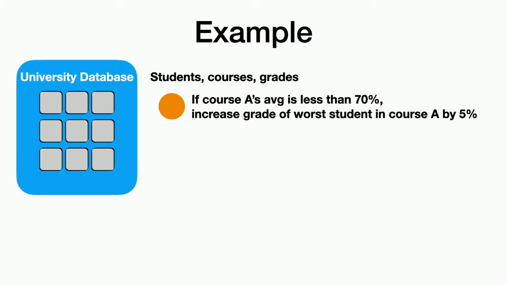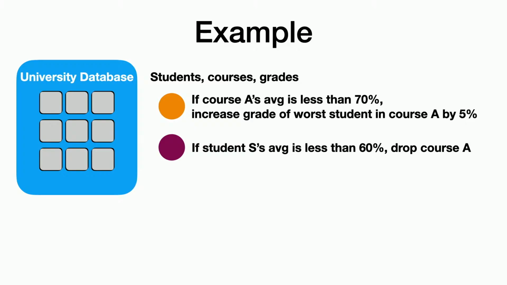I might have some university database with data about students, the courses they're enrolled in, and their grades. Maybe I'm the instructor, and I look at my database and see that if I have a particular course and the student average of that course is too low, then I'm going to bump up the grade of the student with the lowest grade.